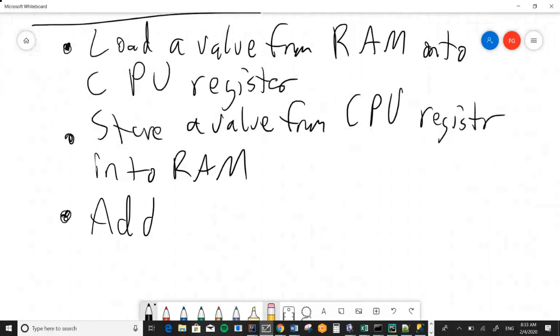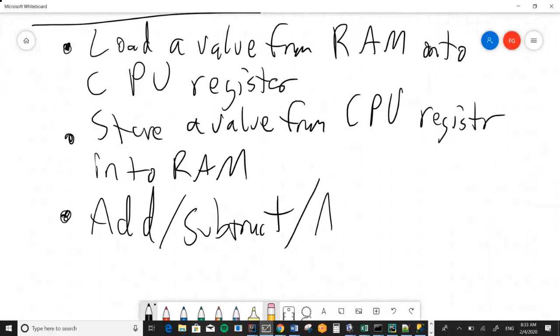Okay. So adding, subtracting, and, or. So basic mathematical operations. There are some CPUs that will go a little more advanced. There exist CPUs that have multiplication built in, for example.